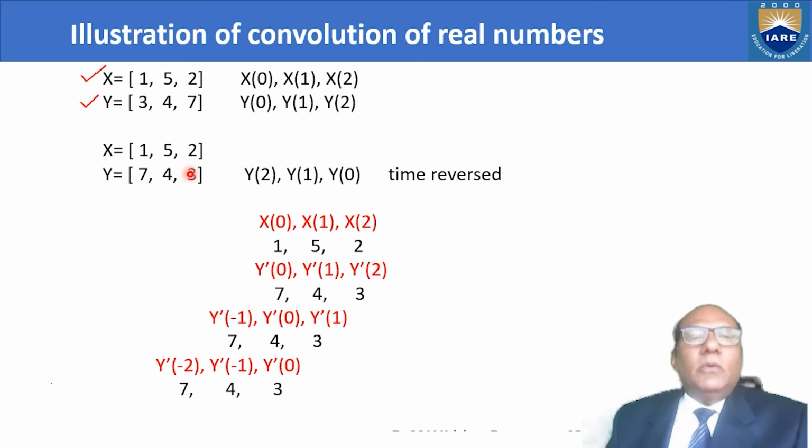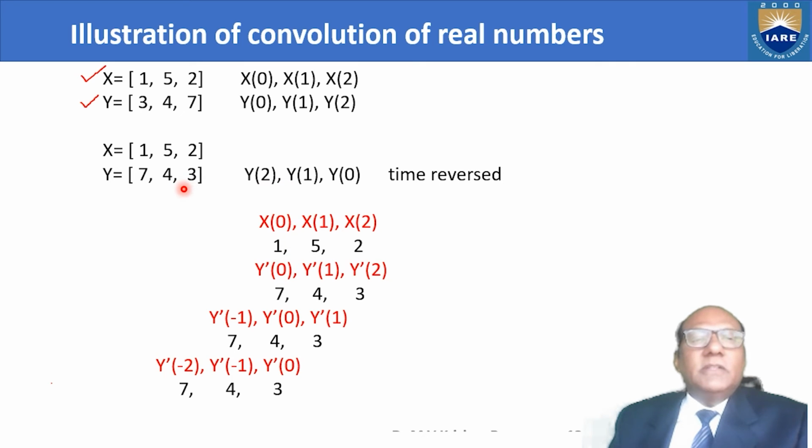Now what I am doing is keeping the first vector, or set of values, as it is. The second set of values I am time reversing. Time reversing means, see here, this 1, 5, 2 is as it is. Time reversal means the 3 becomes the last one, and so on; they are just reversed, a lateral inversion.